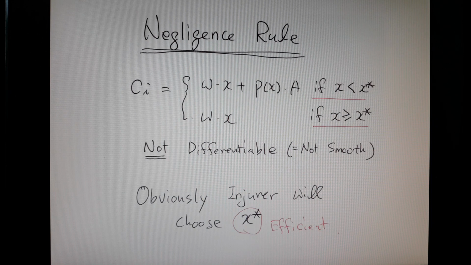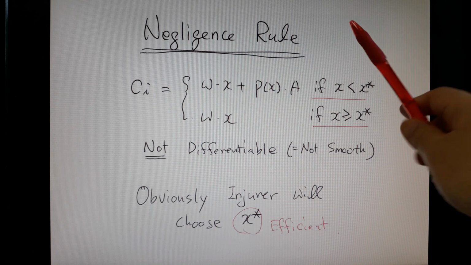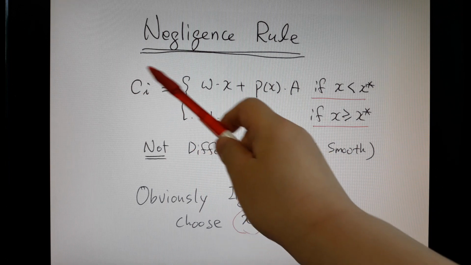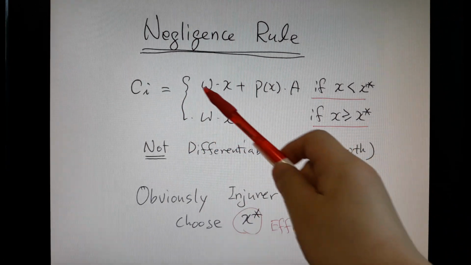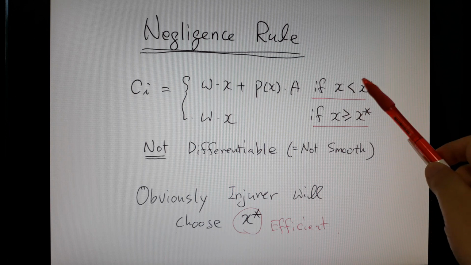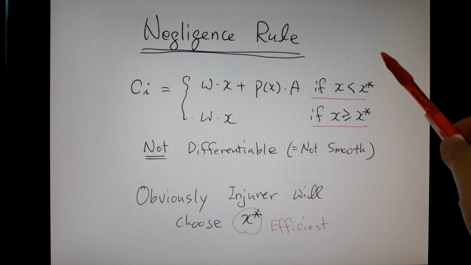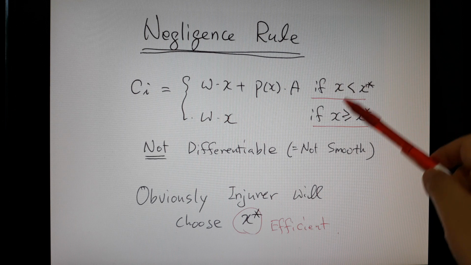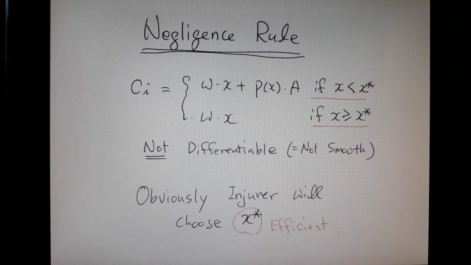What about the negligence rule? This would be a little bit different story. Under the negligence rule, the cost of the injurer would be the same as the social cost if he or she is not careful, that is, x is less than x star. x is what the injurer would choose.